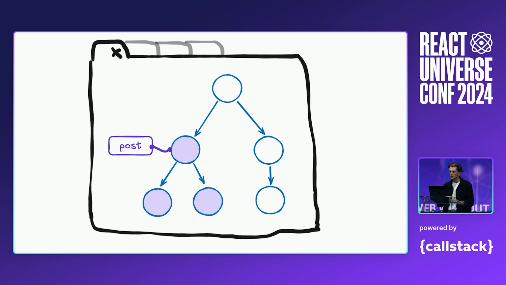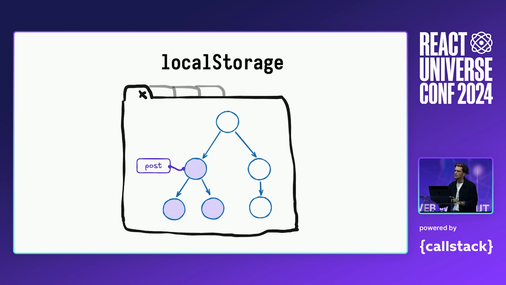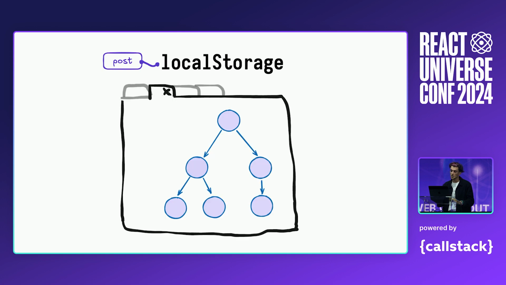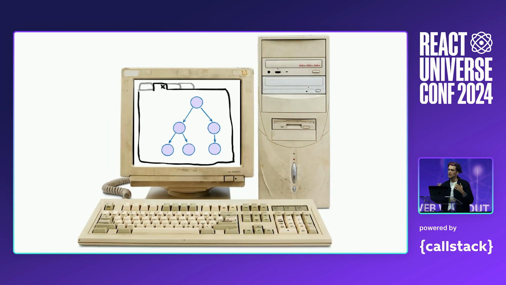So you might want to lift it up again into an API like local storage. If you lift it up to local storage, then it will persist across closing the tab. And if the user closes the tab, then it's actually fine because they can open another tab and it's still going to be there. Of course, all of this happens inside of a computer.